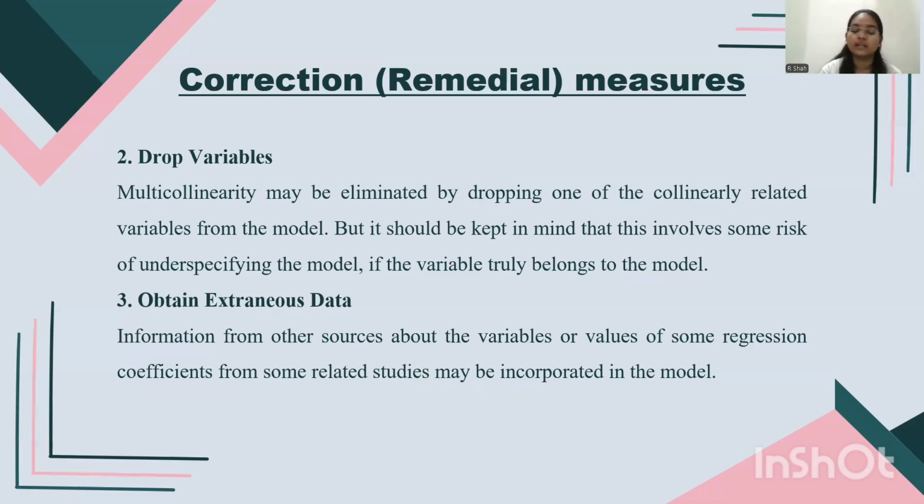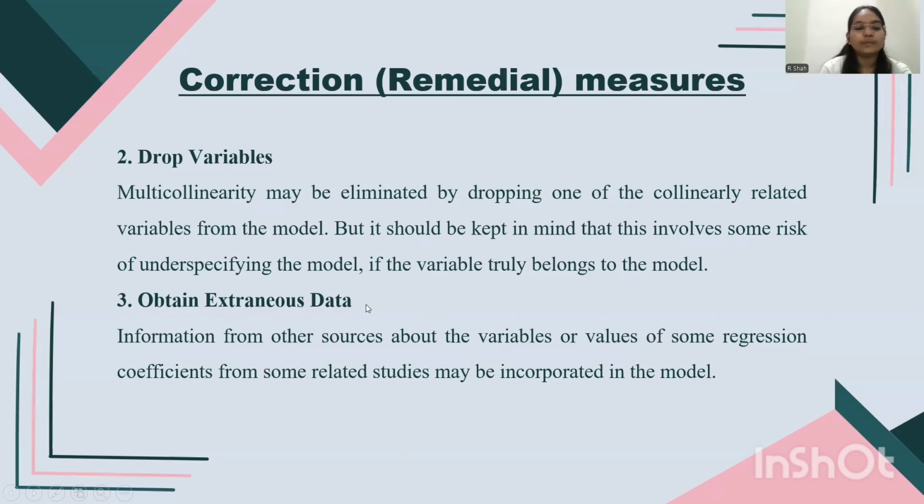In some cases, some variables are very important and significant for the model, and that variable also causes the collinearity. In that case, if you drop that variable, it causes an under-specified model. So keep in mind that this involves some risk of under-specifying the model.